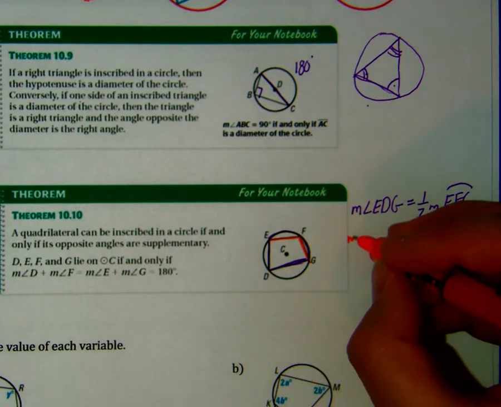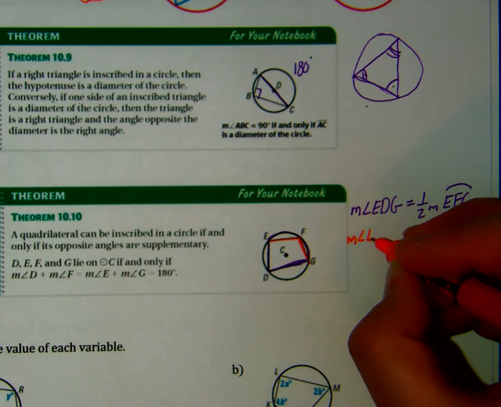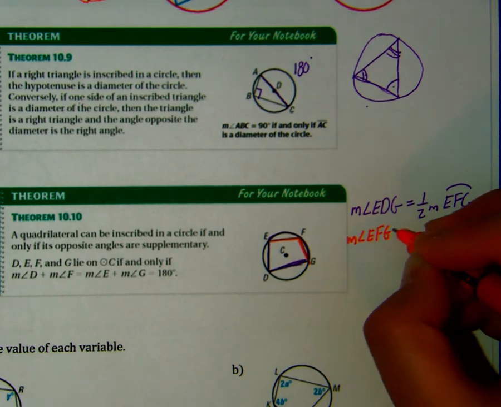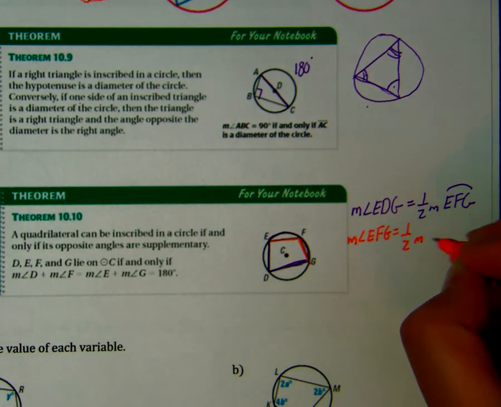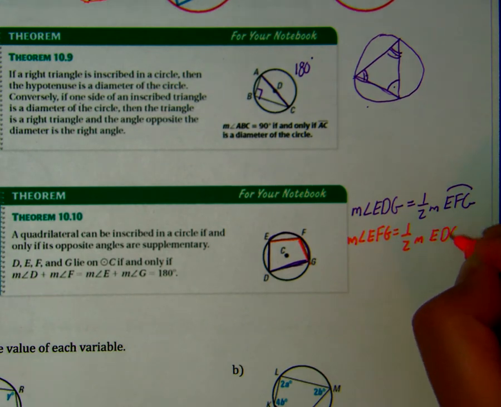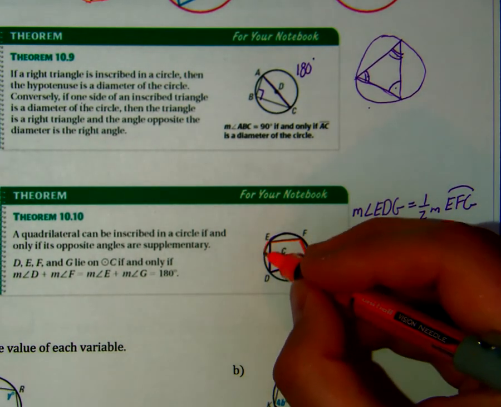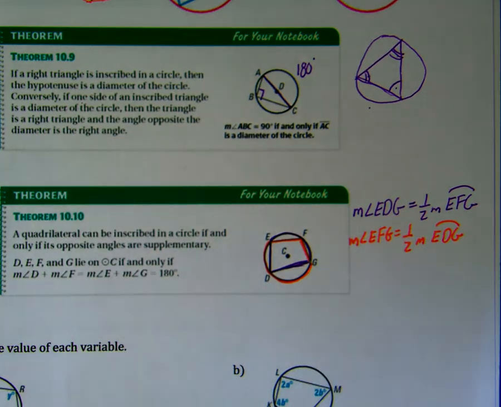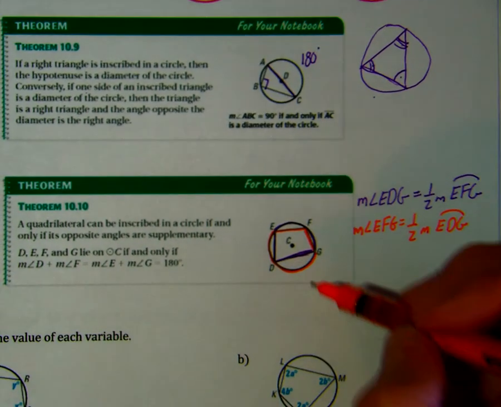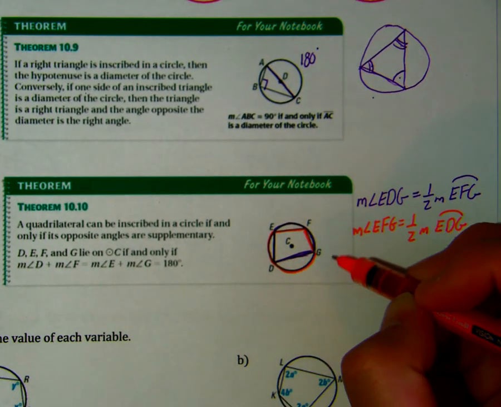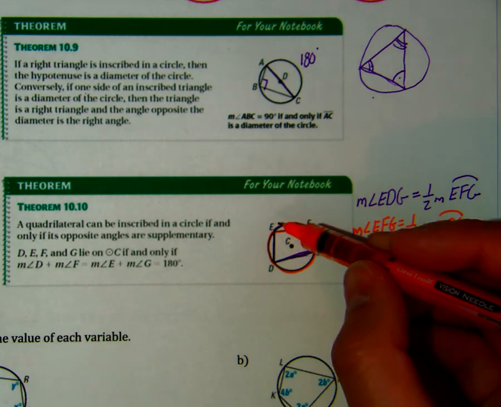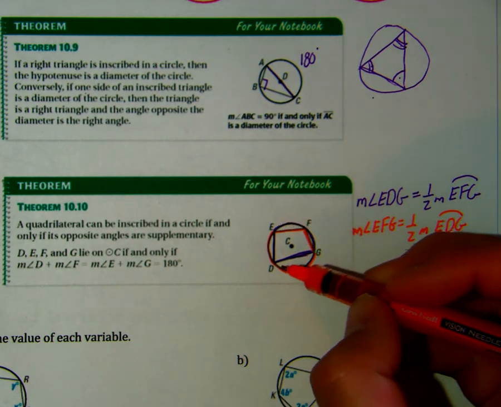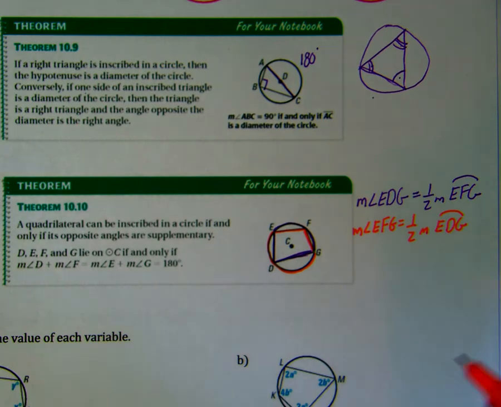So the measure of angle EFG is half the measure of arc EDG, this arc going this way. So if you notice now, the orange arc that's opposite angle F and the purple arc that's opposite angle D make up the full circle.